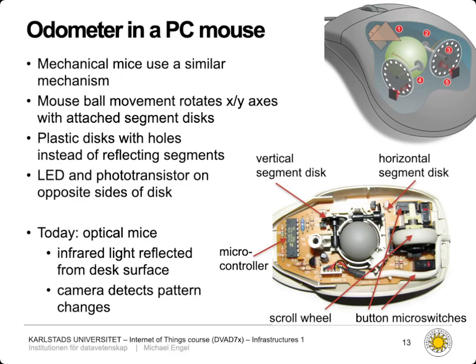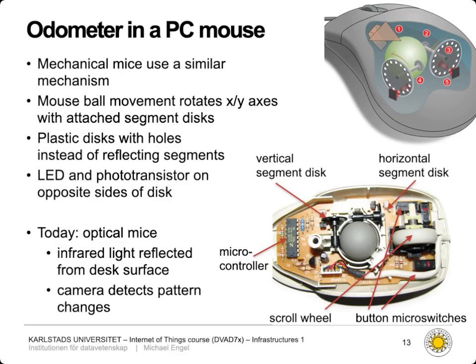Instead of this mouse ball, you now in an optical mouse have an infrared light generator and a small camera with a very low resolution of maybe 16 by 16 pixels, and this essentially just records the light that's reflected from your desk surface to this camera. And this camera then looks at where my pixels of my very low resolution image have moved to. And then the microcontroller can figure out the movement.